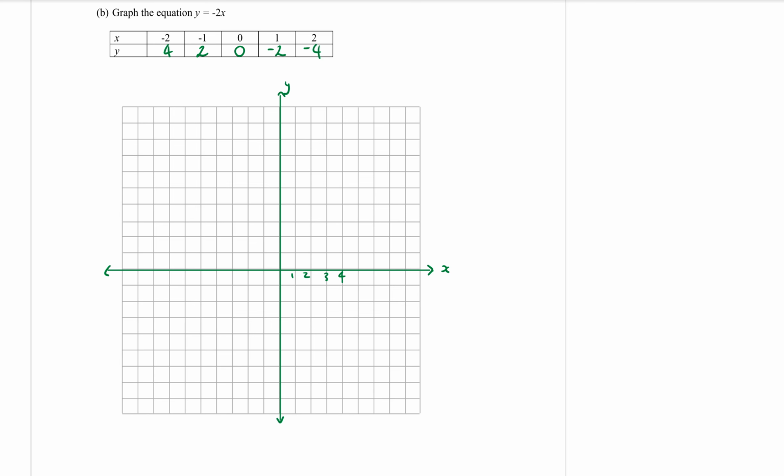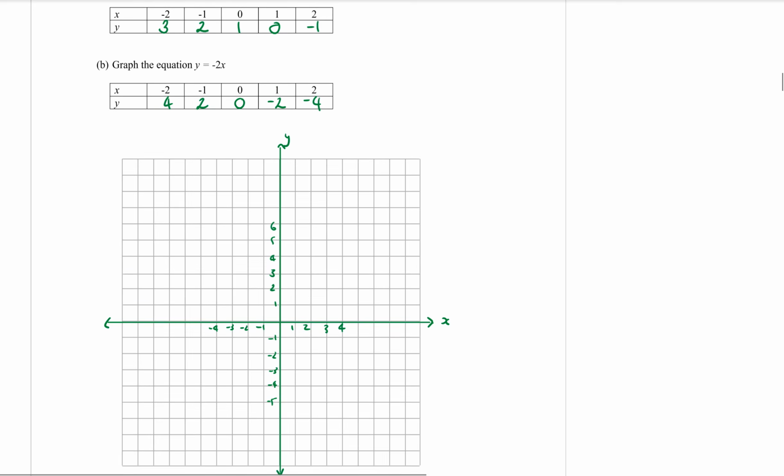Should be getting pretty good at drawing these up by now, I hope. The numbers in this one actually aren't too big. Okay, so that's probably big enough.